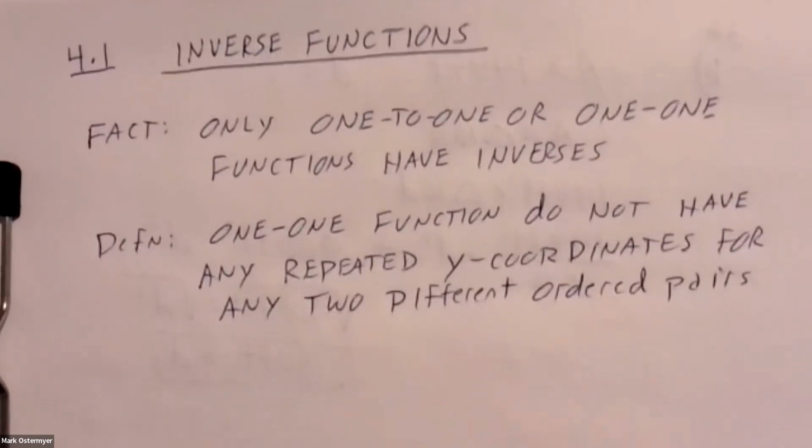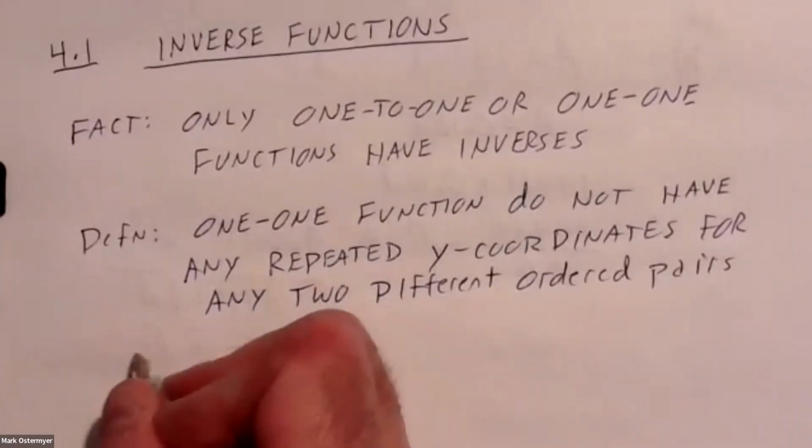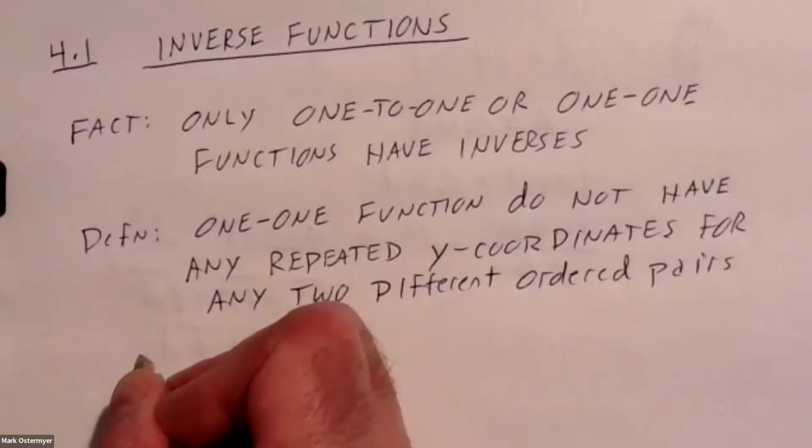Now, the easiest way to determine if a function is one-to-one is to look at the graph.